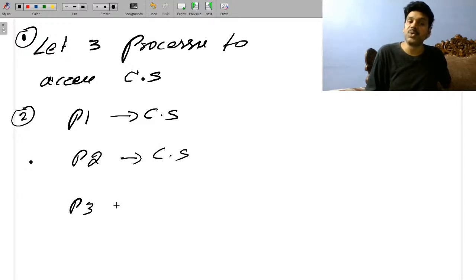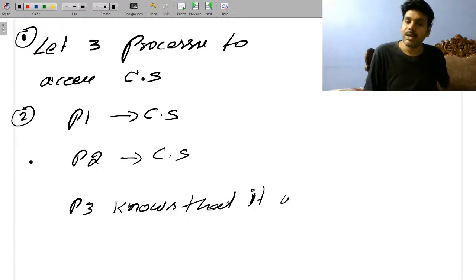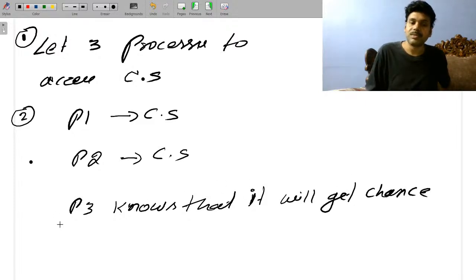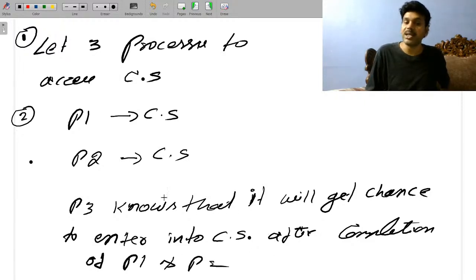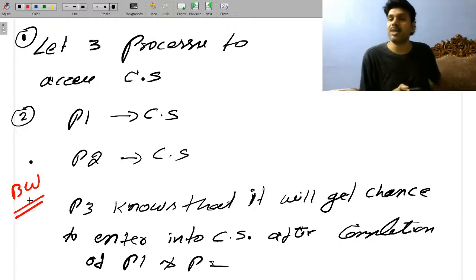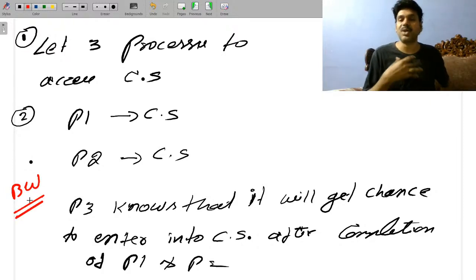P3 knows that it will get a chance to enter the critical section after completion of P1 and P2. Therefore, in this case, it is a perfect bounded waiting. My waiting time is nothing but two processes are ahead only, so I will get a chance.